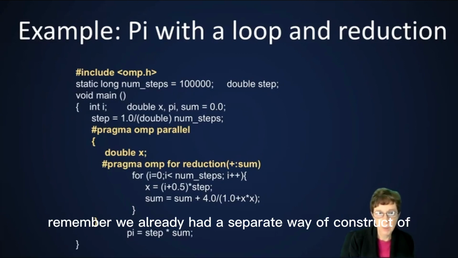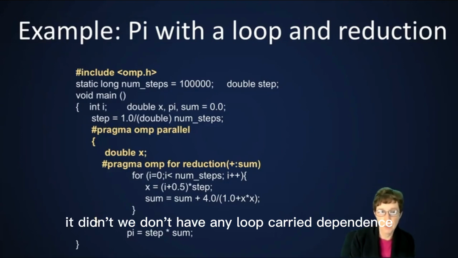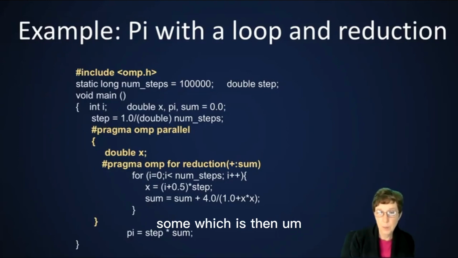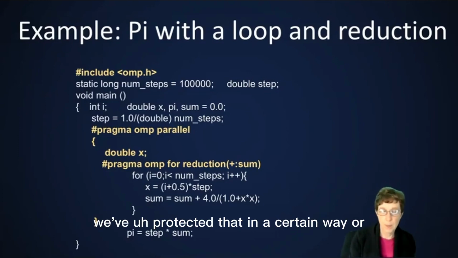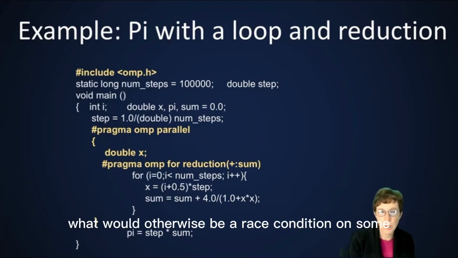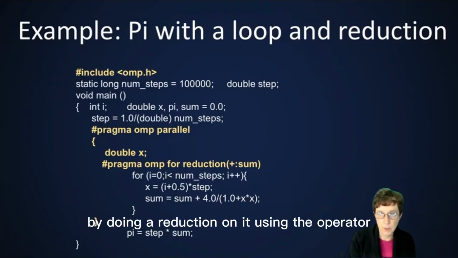And remember, we already had a separate way of calculating x to make sure that we don't have any loop carried dependence. So the only loop carried dependence in this case is sum, which we've protected, or specified to OpenMP that it's okay to have what would otherwise be a race condition on sum, by doing a reduction on it using the plus operator.